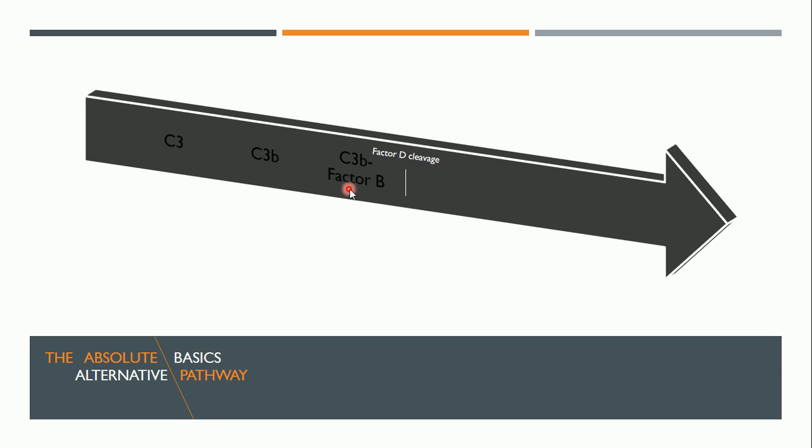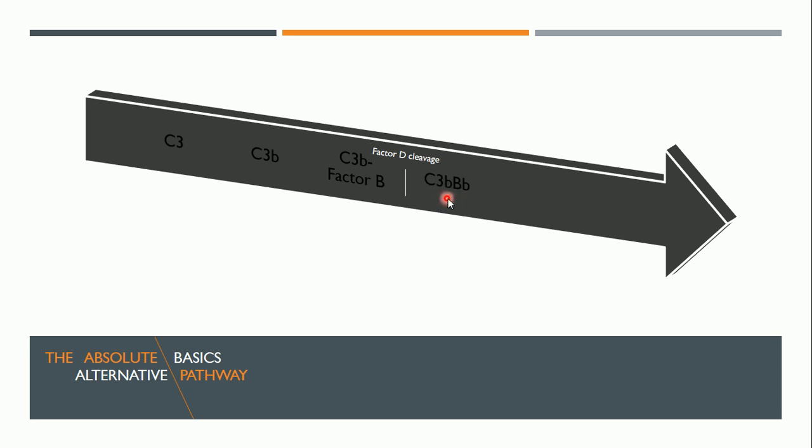Once it's on the cell surface and factor B is bound to it, factor D cleaves factor B. And the B fragment of factor B is going to stay bound to C3b, and we'll be left with C3b, Bb. Okay? So that's what we have here.